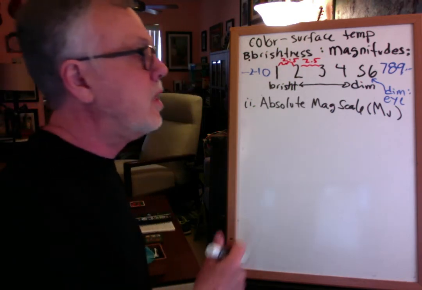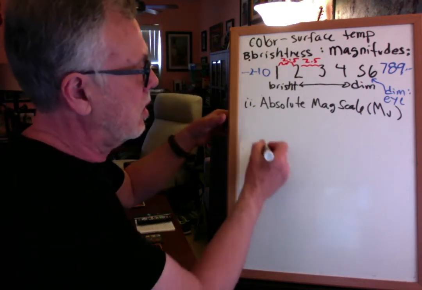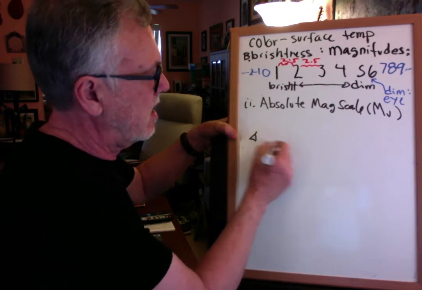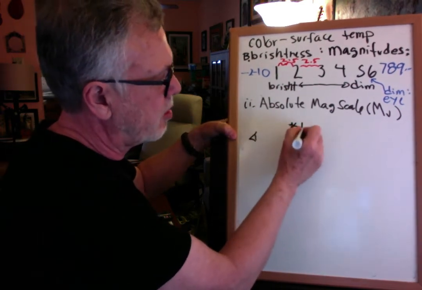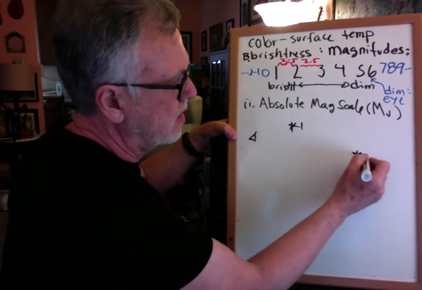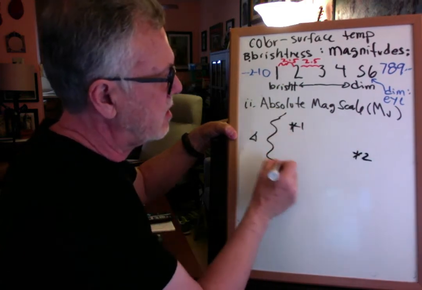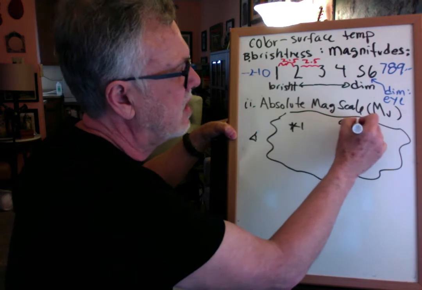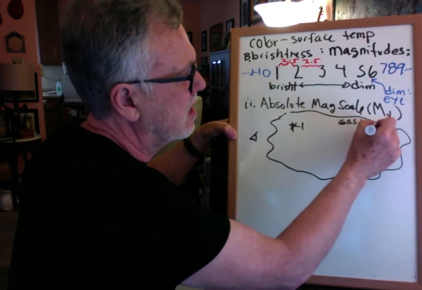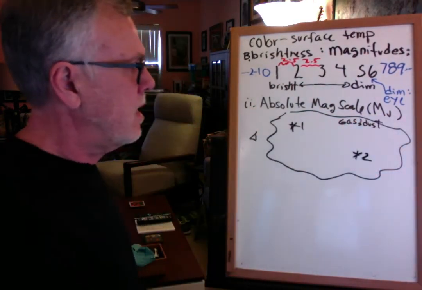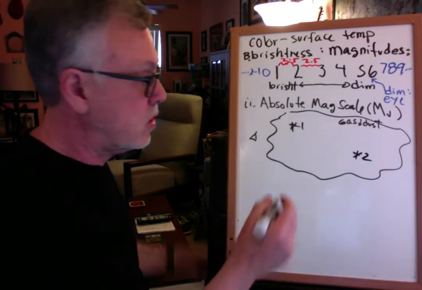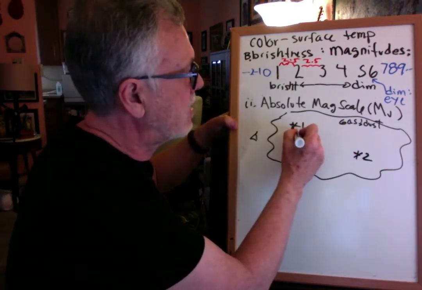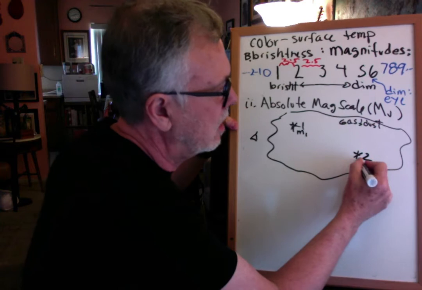And so with this is what we do. So here I am looking at two stars. Star 1, star 2. And let's say that there's gas and dust out here. And so what I can do is I can get their apparent magnitudes, little m1, little m2.